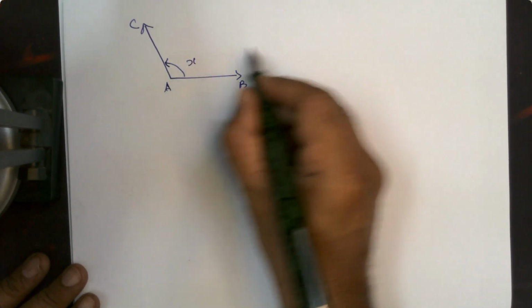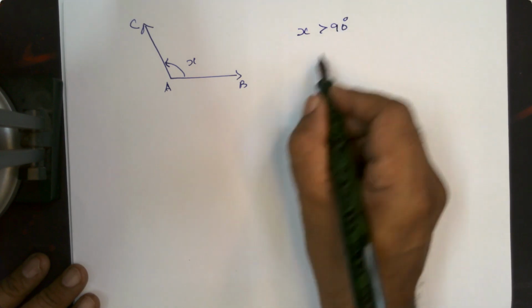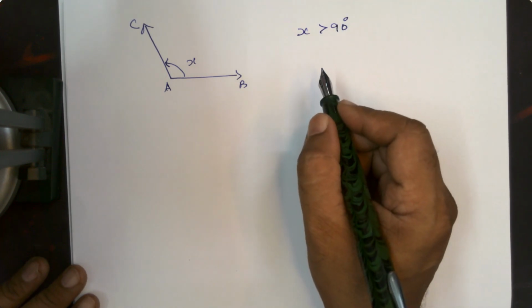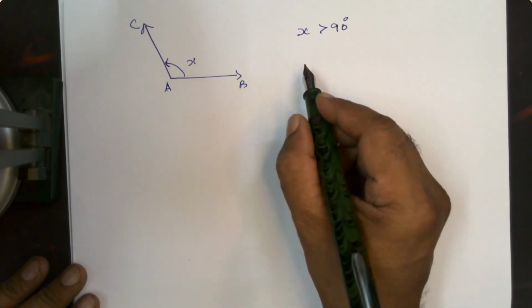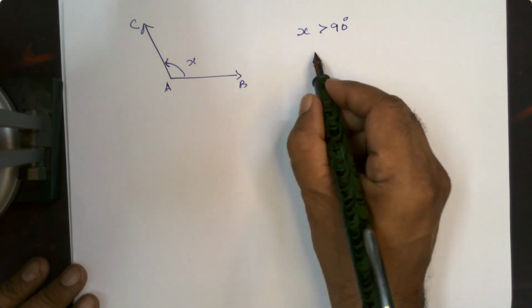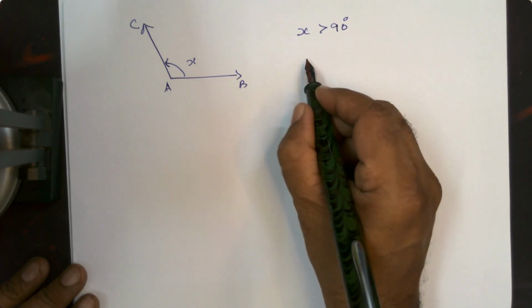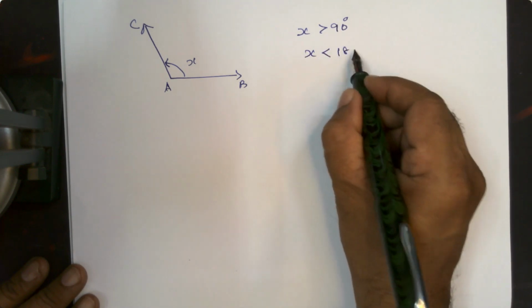It means X is greater than 90 degree, but it is less than 180 degree.